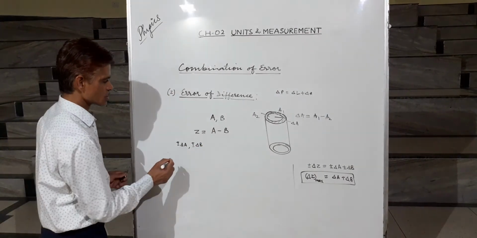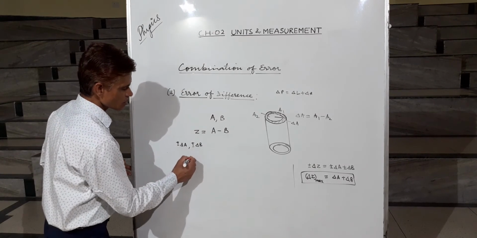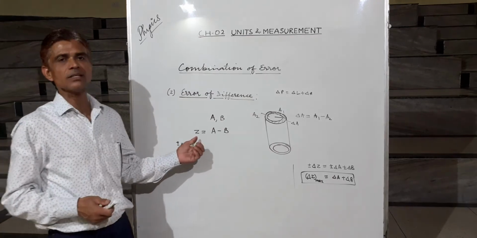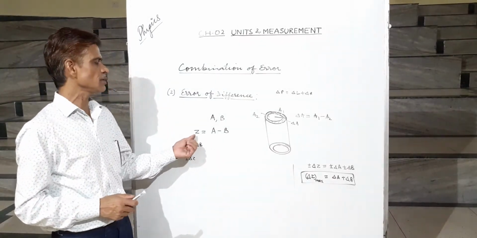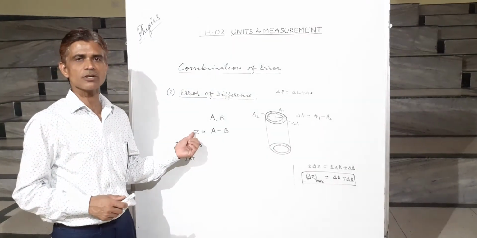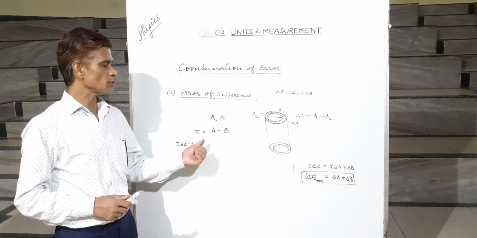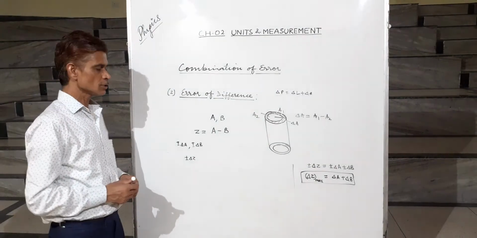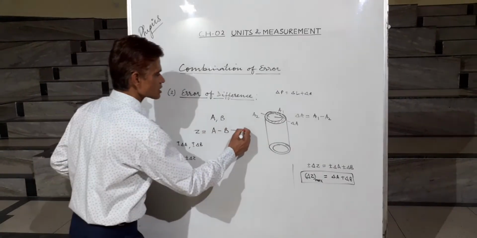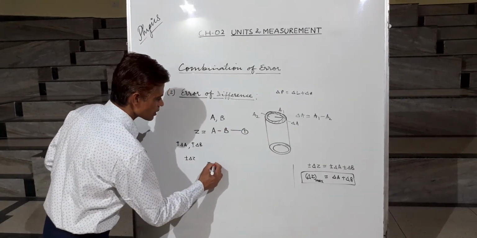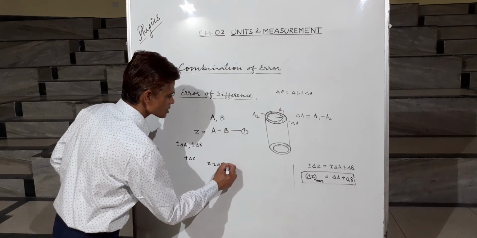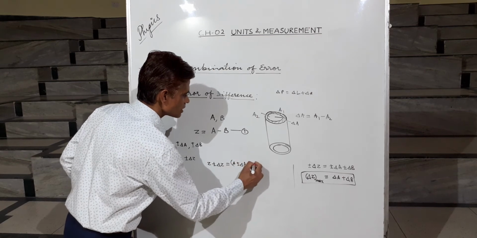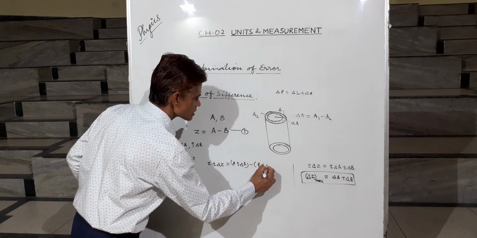And let us suppose that plus minus delta Z is the absolute error that has been propagated in the measurement of Z due to errors committed in the measurement of A and B directly. So we can write equation 1 as Z plus minus delta Z is equal to A plus minus delta A minus B plus minus delta B.